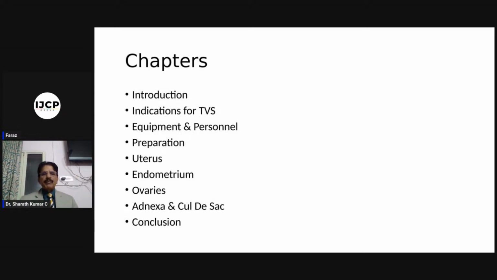Thank you so much again, sir, for sharing your insights on this question. We will be taking one last question from Dr. Ankita Sengupta, and she's asking, are there any specific patient population or condition for which transvaginal scanning may pose challenges or require special consideration?